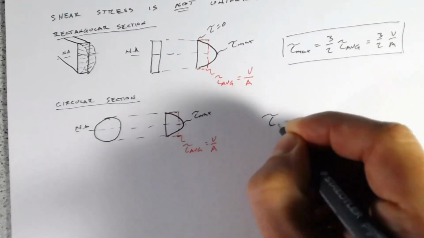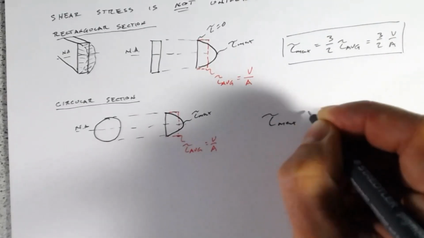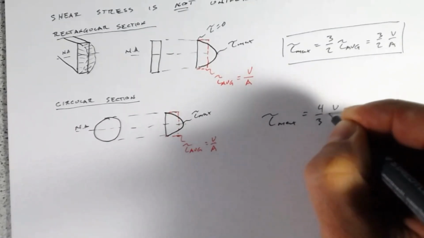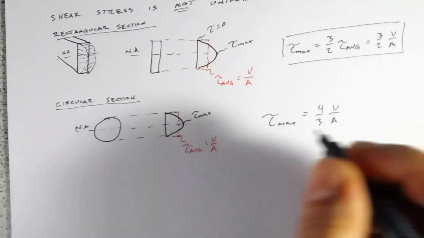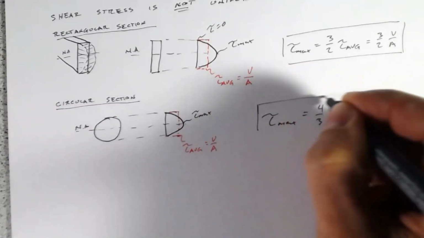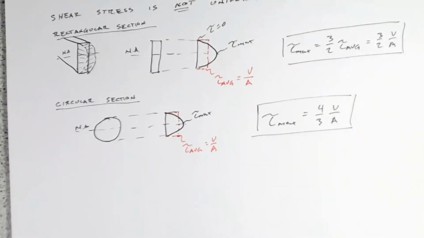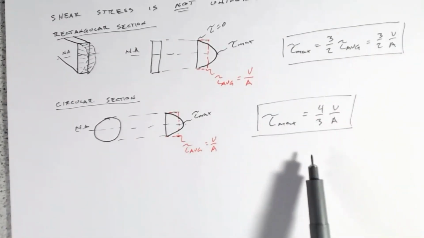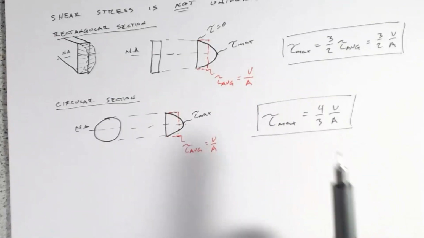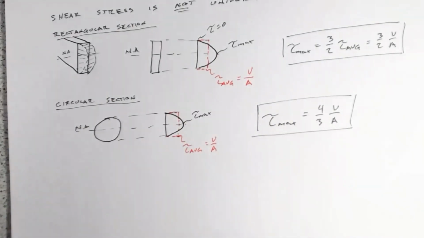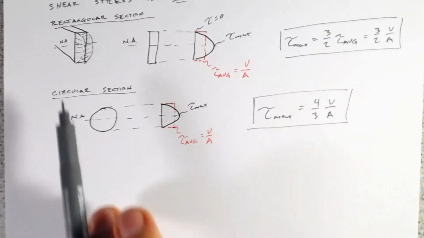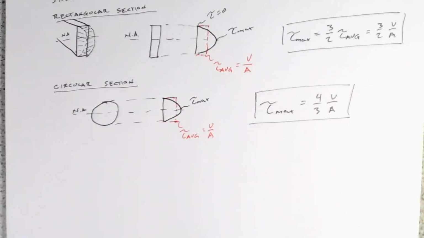If you work out the math, you'll find tau max equals 4 over 3 V over A. That's a lot closer. So instead of a 50% discrepancy, we only have a 33% discrepancy. It's still not great, it's a bit of a rough estimate, but it's a lot better than for a rectangular section.